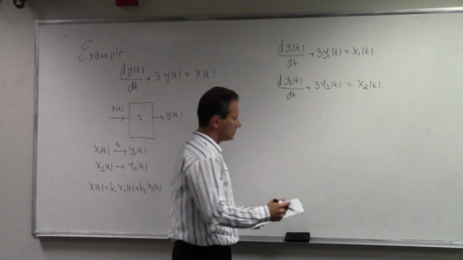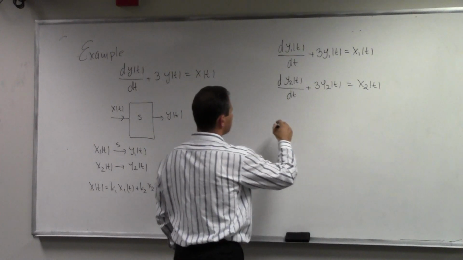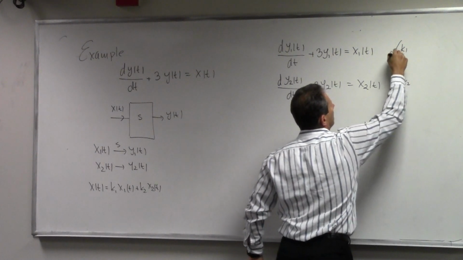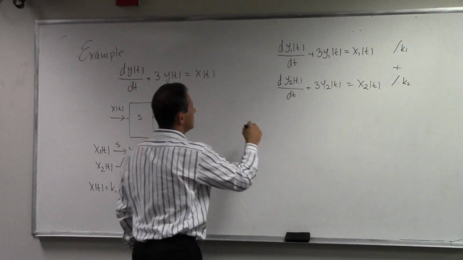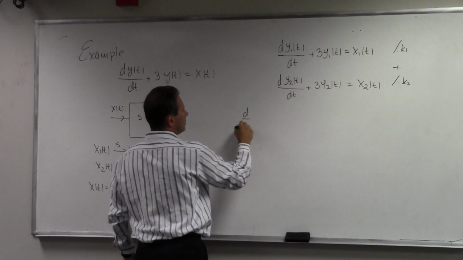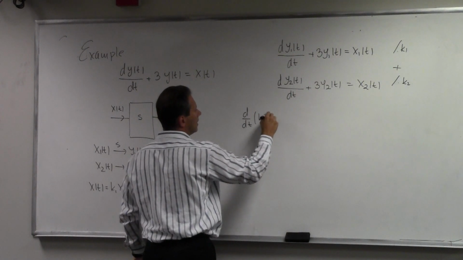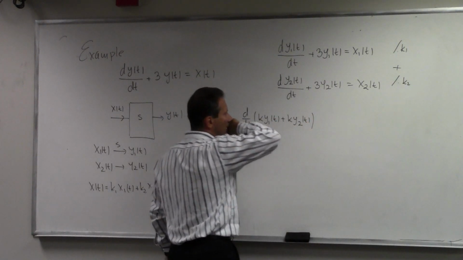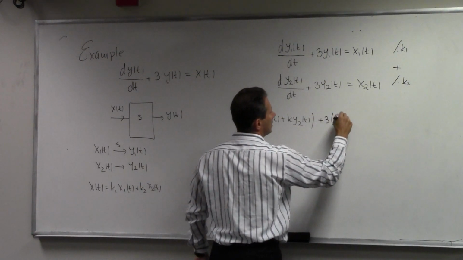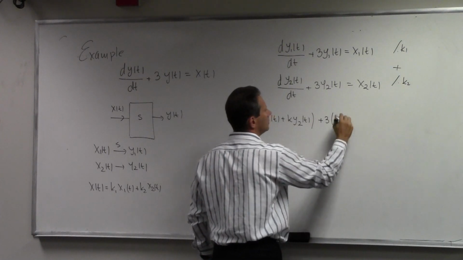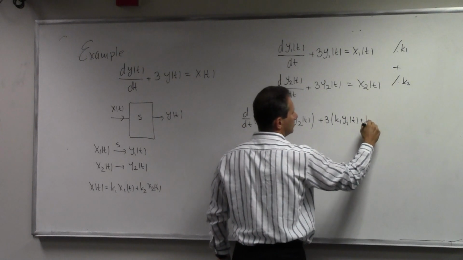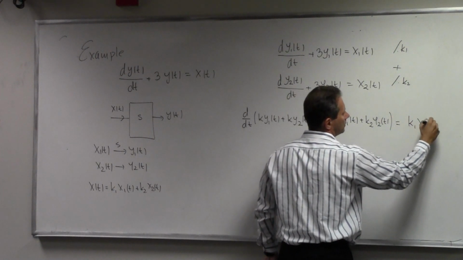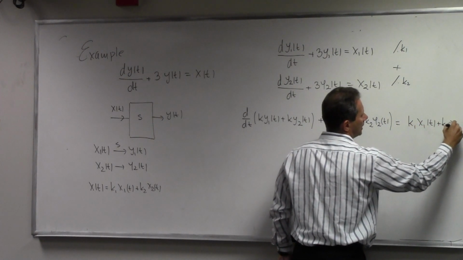Now, if I do a weighted sum, multiply this one by k1, and multiply this one by k2, and then sum these two equations, here's what you get: d/dt of k1 y1(t) plus k2 y2(t), plus 3 times k1 y1(t) plus k2 y2(t), is equal to k1 x1(t) plus k2 x2(t).